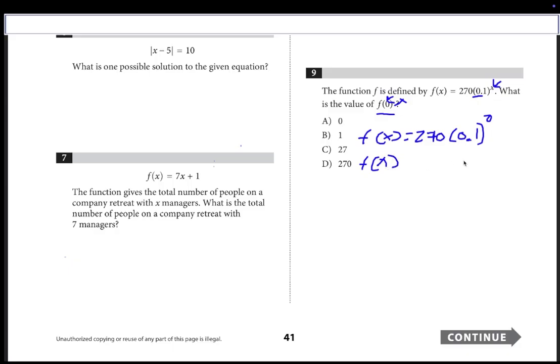Pardon me, we just have to find the value of f of 0. So 270 times 0.1 to the 0th power. And any number to the 0th power is 1. So 270 times 1. So f of 0 is equal to 270 times 1, which is just 270. Therefore, our answer is D.